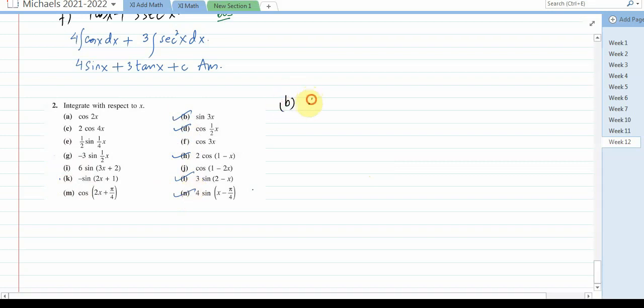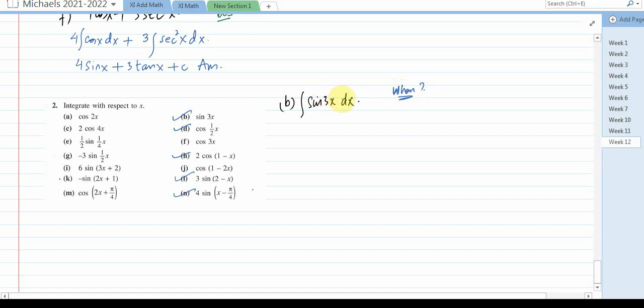it says sine 3x. We need to integrate sine 3x. We know that the integral of sine is cos, but the question arises when the angle differentiated form must be written with it.